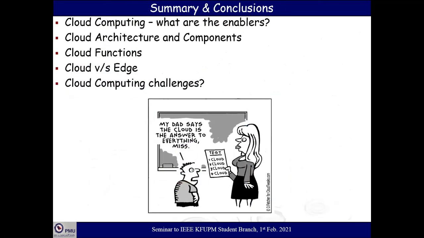In summary, we looked into some of the details of the cloud computing enablers, why cloud computing has become so prominent, and we found the answer is digital transformation. We spent a lot of time on the architecture, components and functions of the cloud reference architecture. We spent some time on the security of cloud, then some related technologies like edge and fog computing.